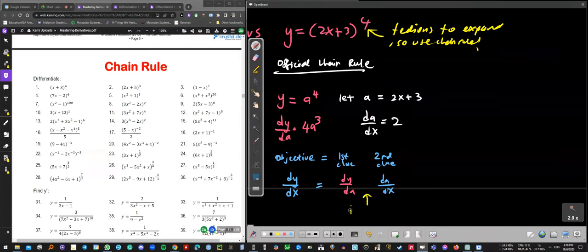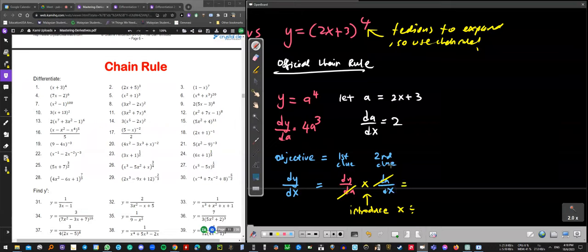You have to introduce something here, either multiply or divide, so that you get dy dx. If you introduce divide, it cannot work because the back one will flip. You won't get dy dx. So the only logical introduction is multiply, so that dA and dA cancel each other. You get dy dx as we want in our objective, dy on top, dx at the bottom. So this is the setup.